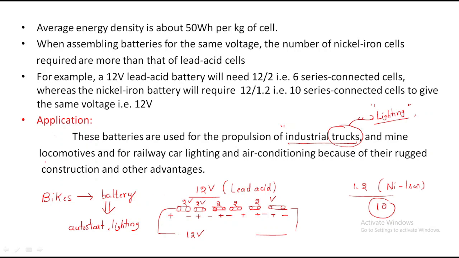In mine locomotives, these batteries are used to run them. They are also used for railway car lighting and air conditioning, useful because of their rugged construction and other advantages.